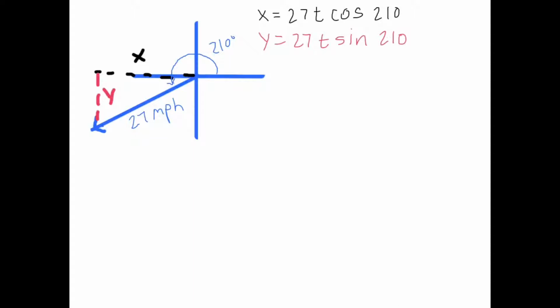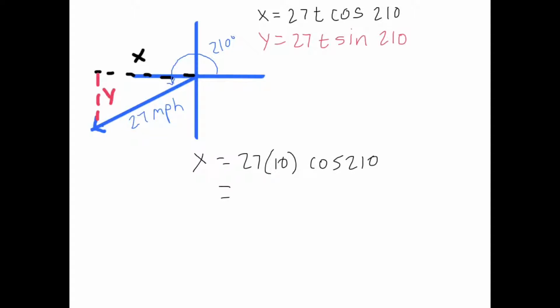So let's find the position of this ship at an arbitrary amount of time, say 10 hours. To find the x-coordinate at 10 hours, x equals 27 times 10 times the cosine of 210.